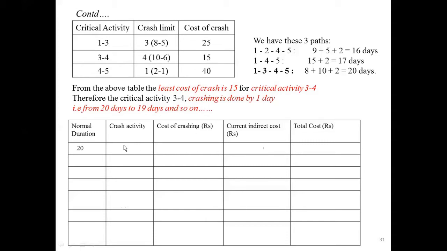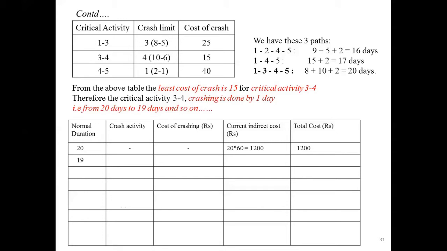Means here, if you consider the normal duration as 20, if it doesn't crash any activity, then we have indirect cost there given 20 into 60, it is rupees 1200. Then the total cost you will get as 1200.